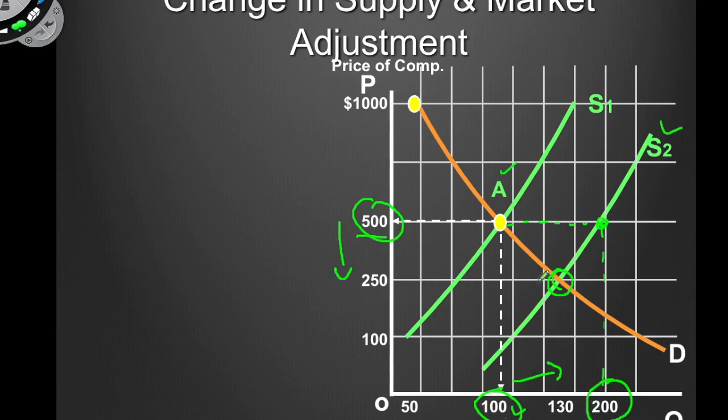So automatically the market will begin to adjust, and as the price falls in the market, quantity demanded will increase as people will start to buy more, and the quantity supplied will fall slightly until we get to this quantity, which is equilibrium quantity now at this new price of $250.